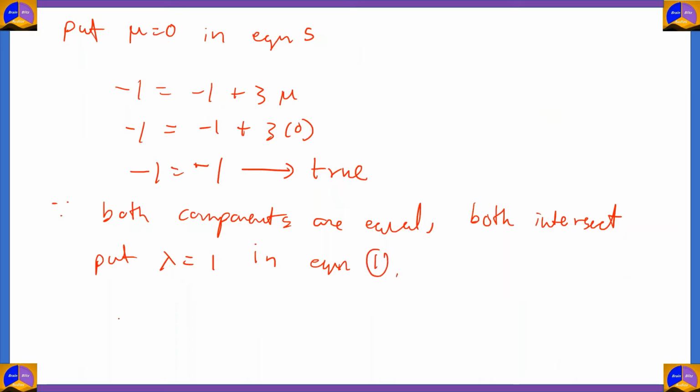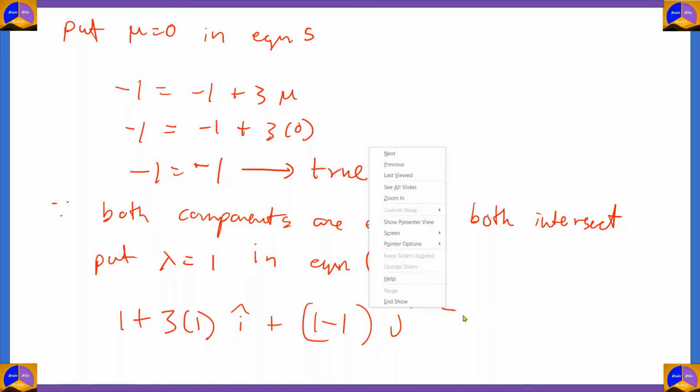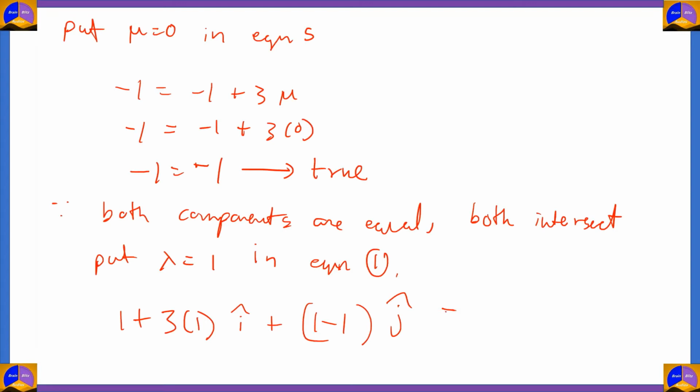So that will be (1 plus 3 lambda); instead of lambda, we'll put 1, so 4 i cap, plus (1 minus 1) into j cap, minus 1 into k cap.